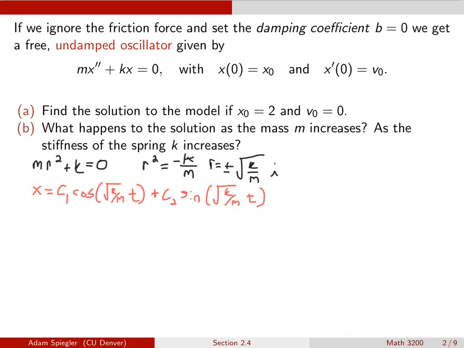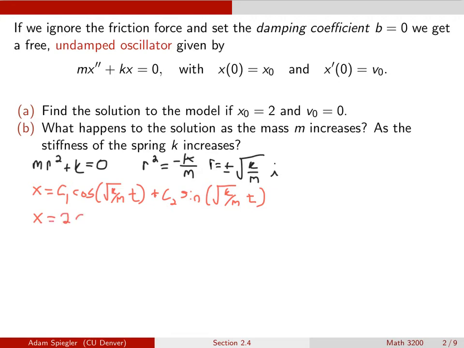And then, given our initial conditions, we could solve for the coefficients c1 and c2. I will skip over that step, but you could verify that based on an initial position of 2 at time 0 and an initial velocity of 0 at time 0, the value for c1 is 2.